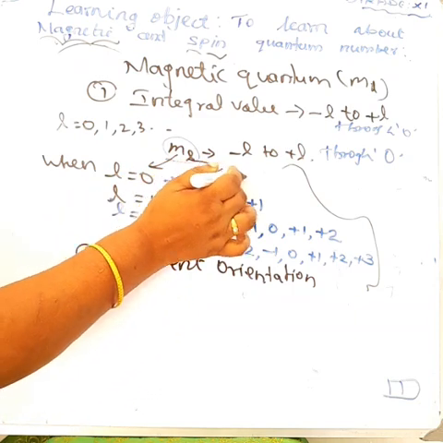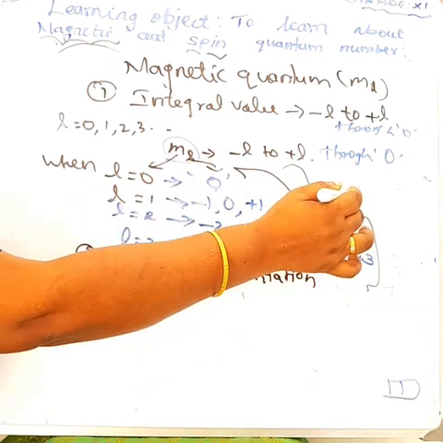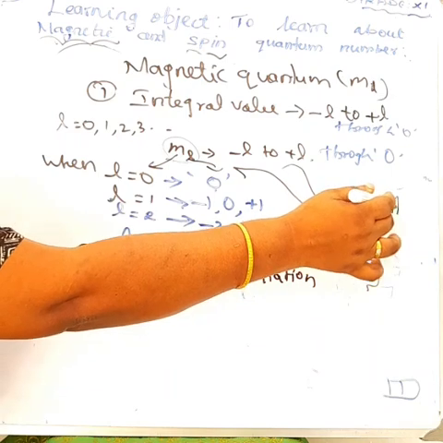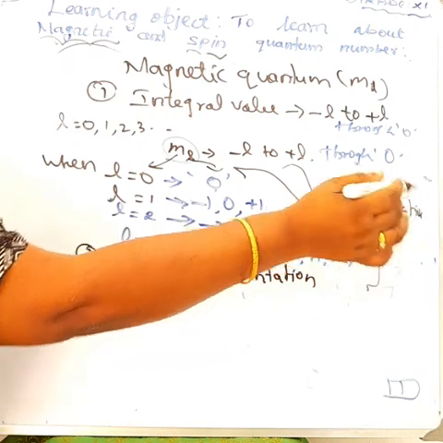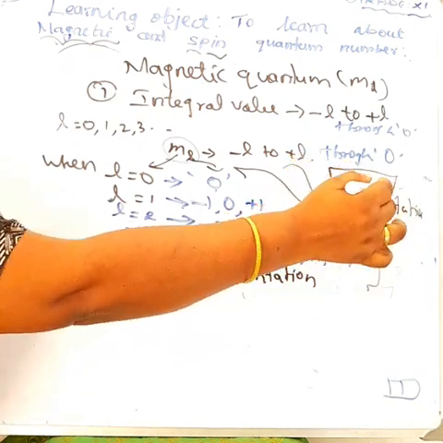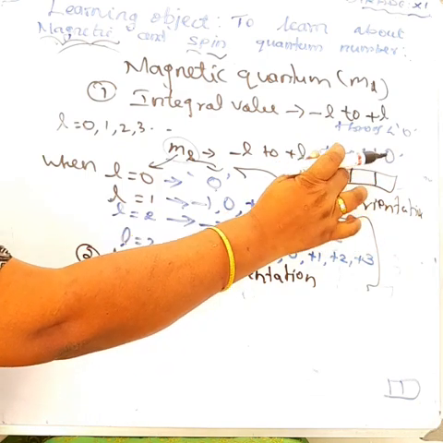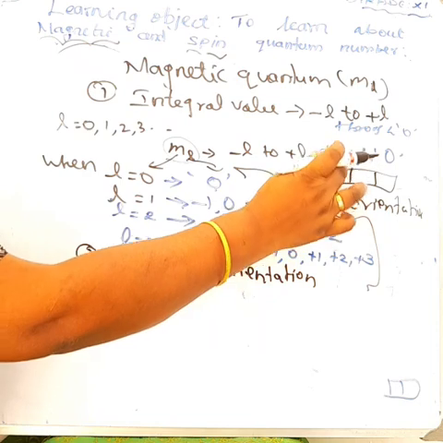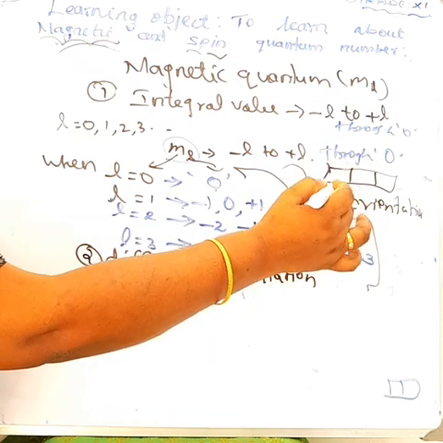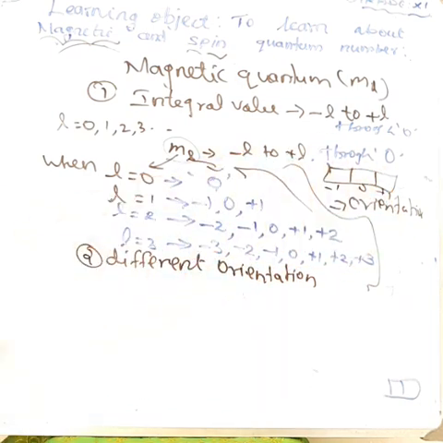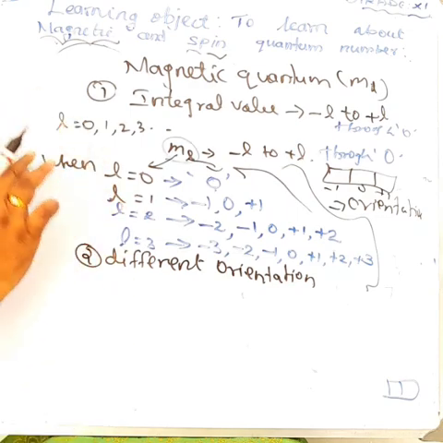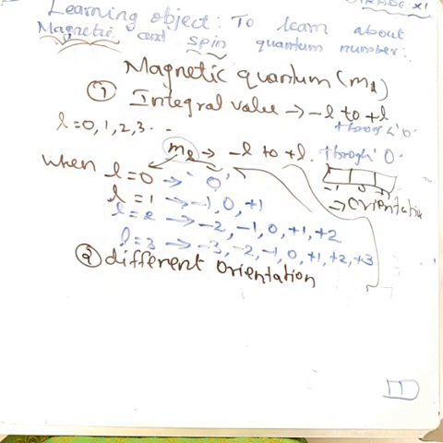For example, minus 1, 0, plus 1 is a p orbital. L is equal to 1 means which orbital? P orbital. So p orbital means minus 1, 0, plus 1, which are different orientations of orbitals. Understood?